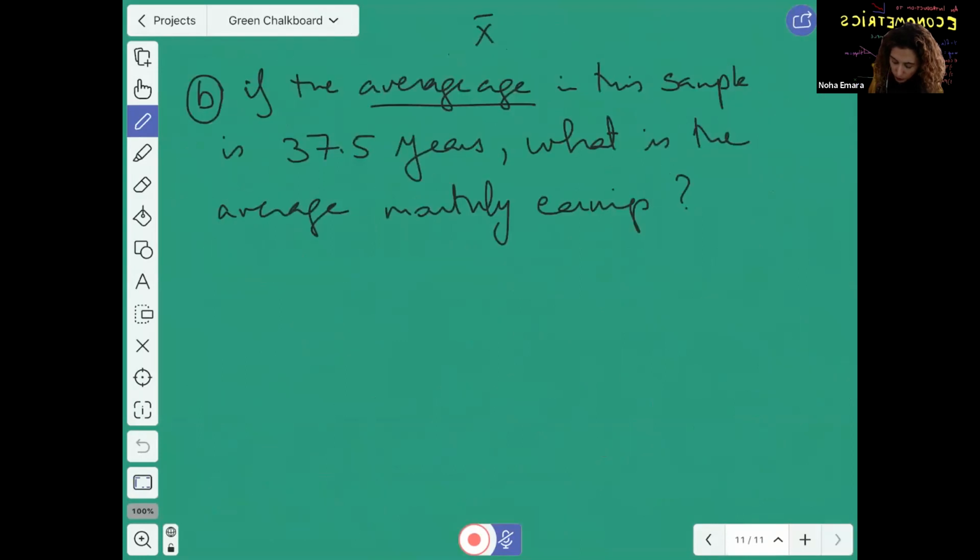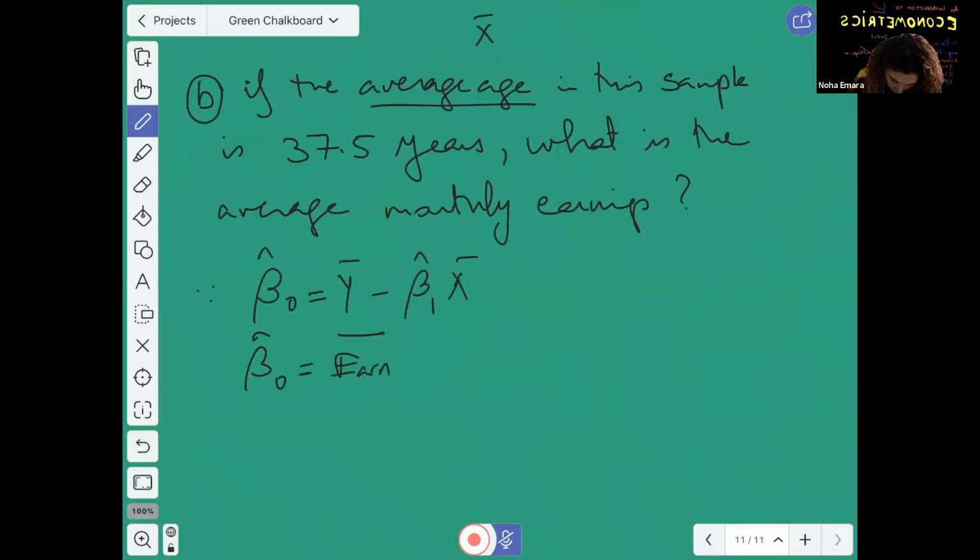Using this equation, I know that beta hat naught is equal to Y bar minus beta hat 1 X bar, or you can write it in terms of the notation of our model: beta hat naught is equal to earning bar minus beta hat 1 age bar.